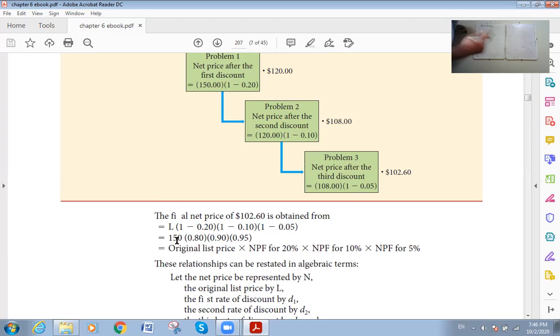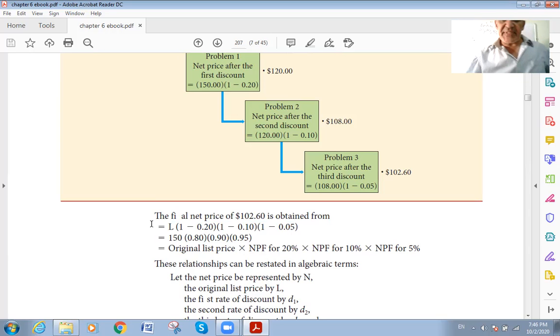Now we will do it in only one step, one line. List price is $150. The discounts are 20%, the second discount is 10%, and the third discount is 5%. That's all we need to know.